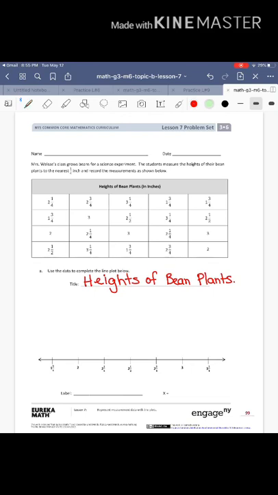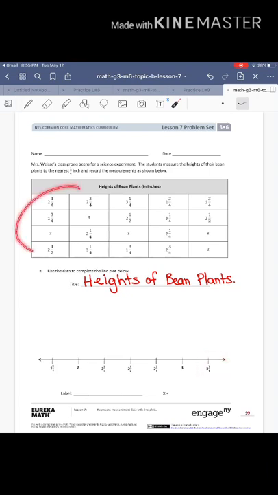From here, the line plot goes from 1 3/4 all the way to 3 and 1/4. It's important to know why do you think they started the line plot with 1 3/4? Because it's the smallest number that we have, and 3 and 1/4 is the biggest number.